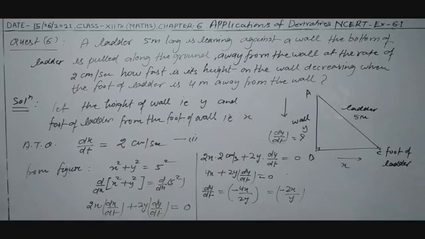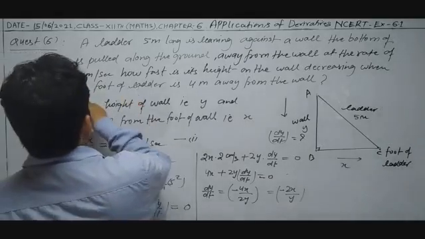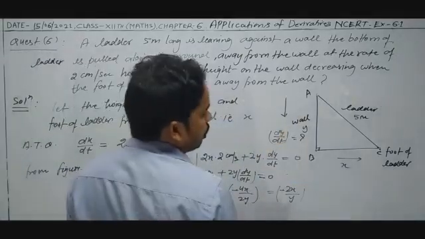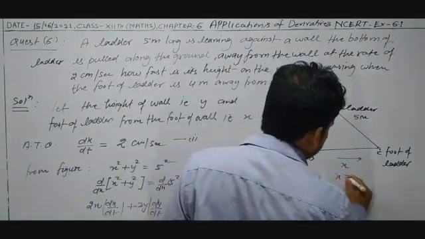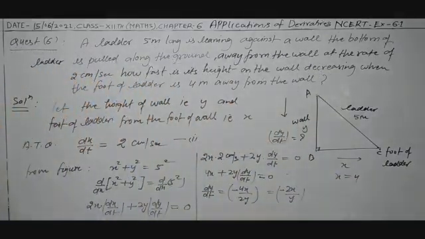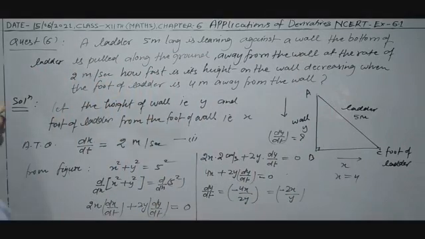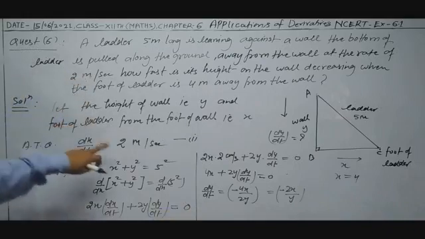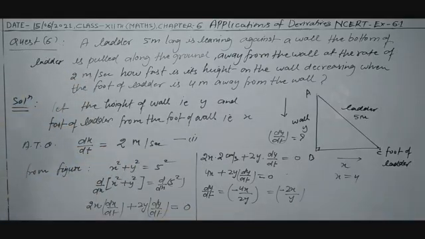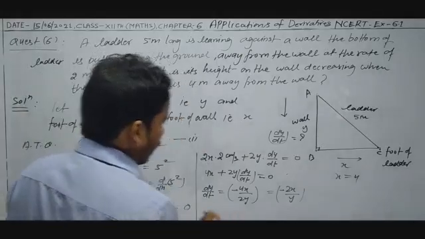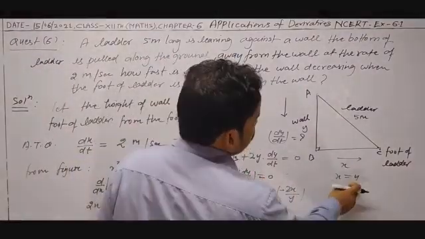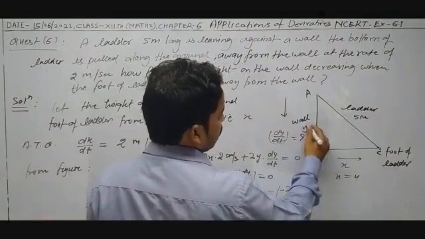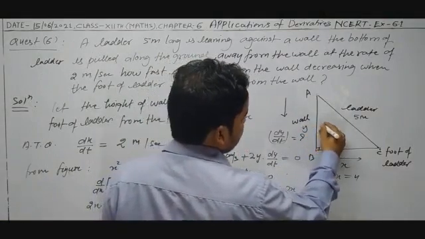And you have to put these values of x and y. Foot of ladder is 4 meter away from the wall, means according to question x is equal to 4 meter. Measure unit is same. And when x is equal to 4, by Pythagoras theorem you can find out the value of y, that will be 3.